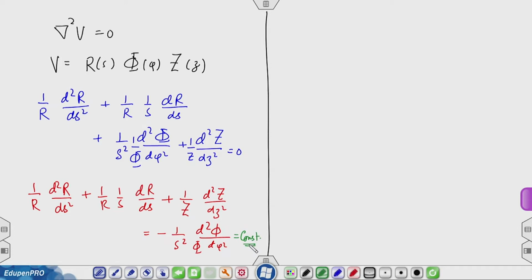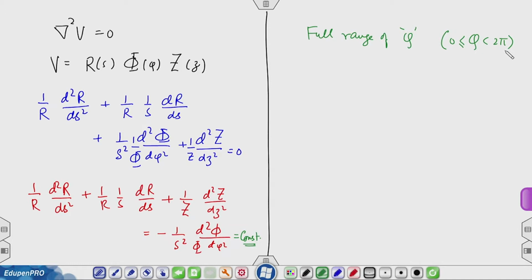If I take the full range of phi, that means phi varies between 0 and 2 pi, then I have no choice but these functions capital Phi have to be periodic.